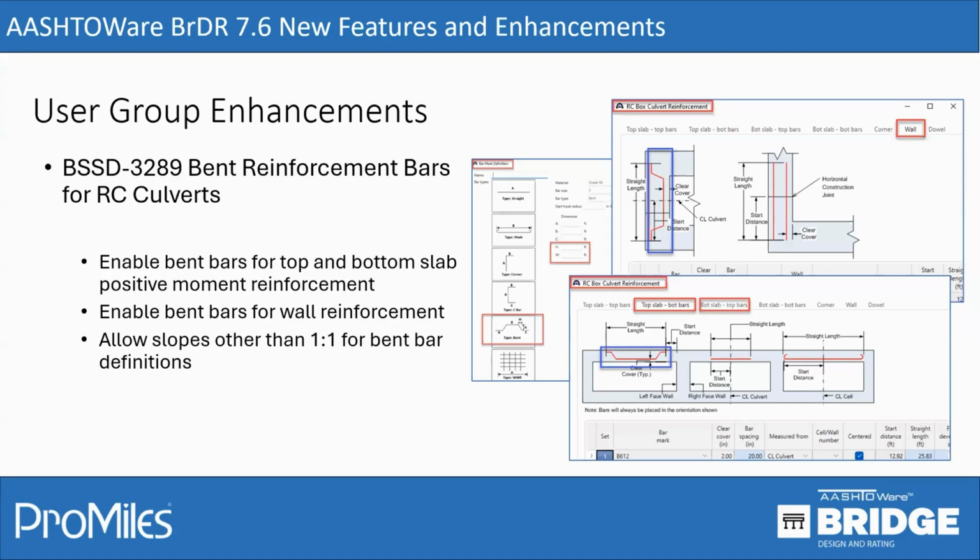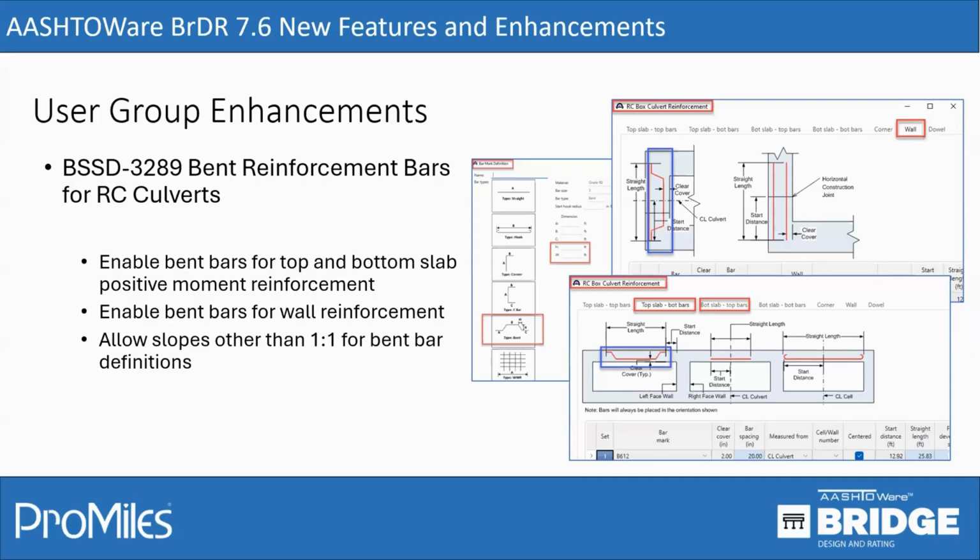In addition to adding these bars in, we also made some improvements to the reinforcement schematic. When you go to the reinforcement window, right click, and click view schematic, you'll be able to more easily and more accurately see bent bars and their locations, which can be helpful in ensuring that the input is as intended.